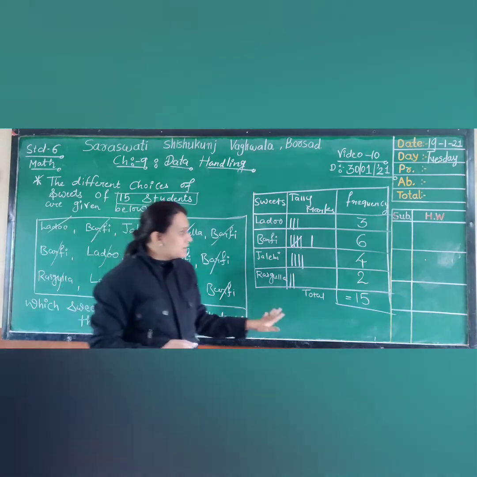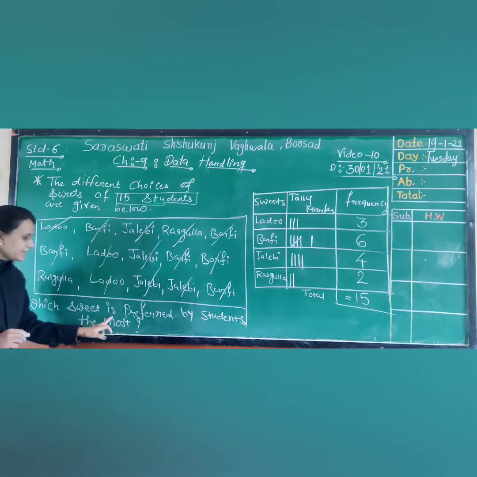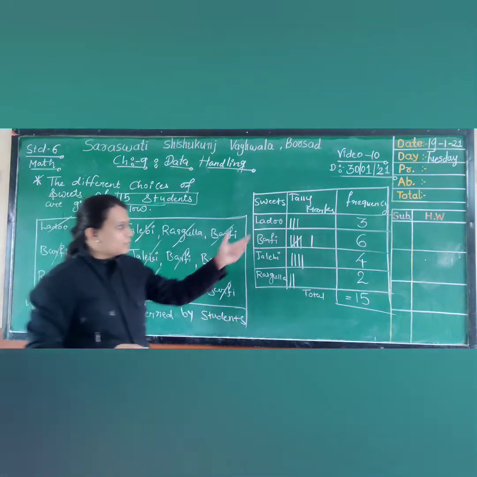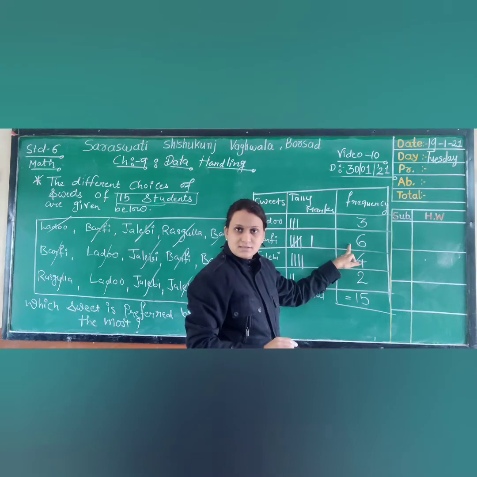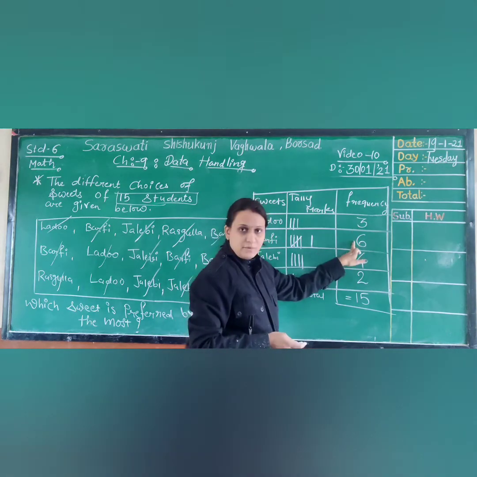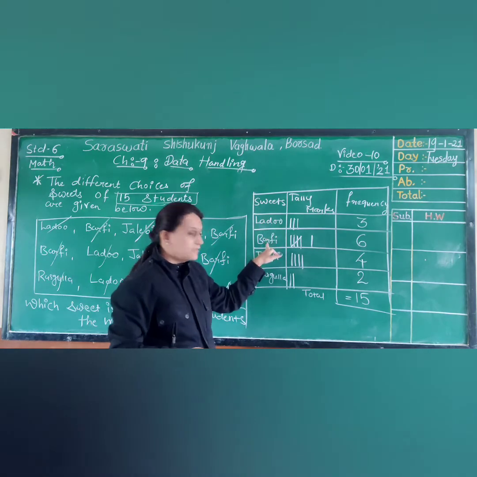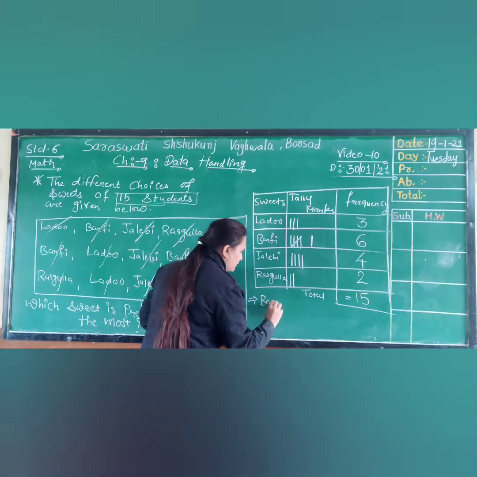Okay, this is not the end of the question. Here we have one question: which sweet is preferred by students the most? So you can identify from the frequency which is the largest frequency here. 6 is the greatest frequency. So which sweet is preferred? Against 6 the sweet given is barfi. So let us write the answer.